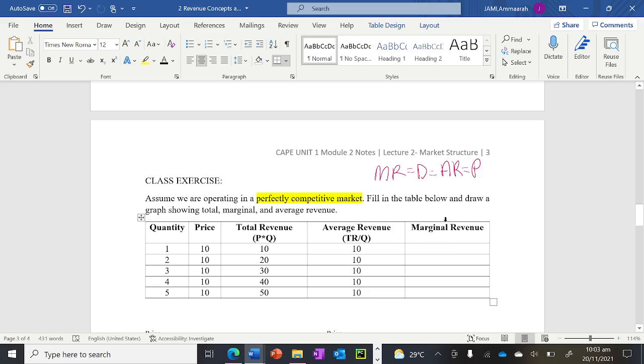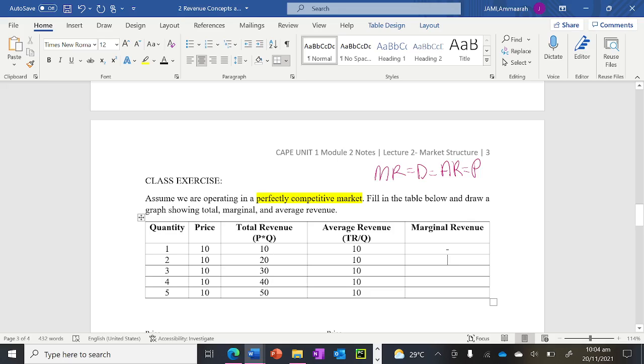Marginal revenue, remember, is the additional revenue, even if you don't know that it's 10, 10, 10, 10, 10. Marginal revenue is the additional revenue you would gain from producing 1 additional unit of output. So here, for 2 units of output, you're changing between 1 and 2. So you're moving from 10 to 20.